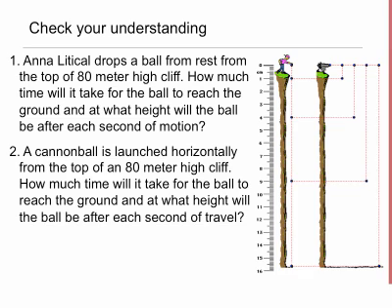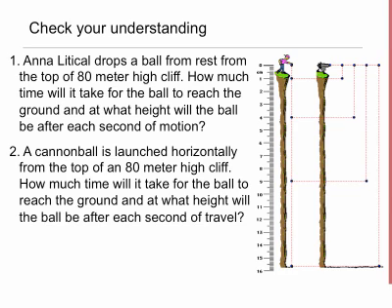So we get 80 meters equals 1/2 times 10, that would be 5, times the time squared. And we've got 80 divided by 5.